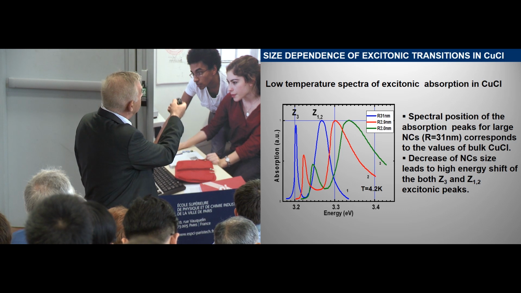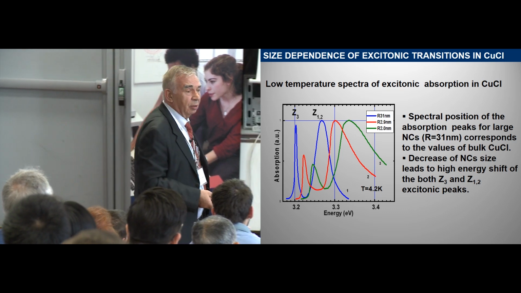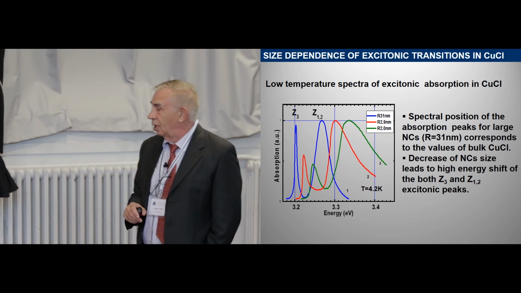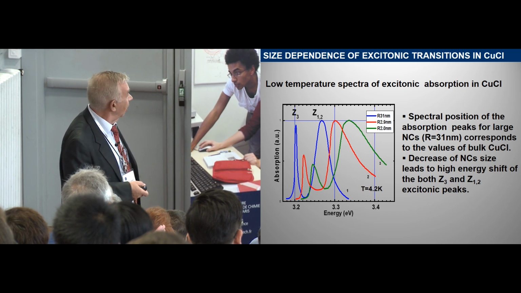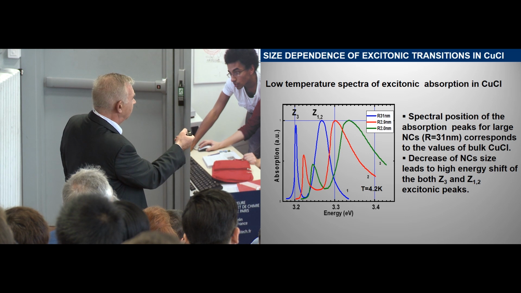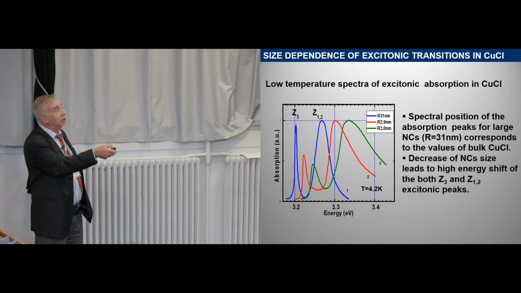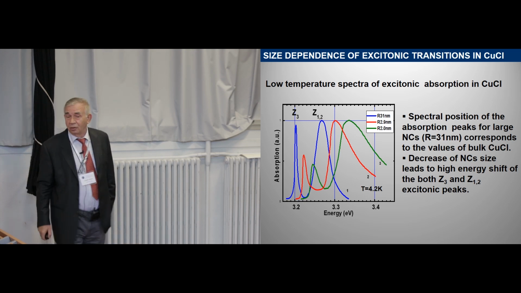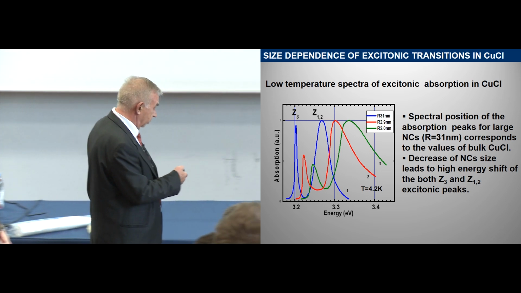So that is this blue spectrum, which has both peak lines just where they should be at lower temperature. And we see that decrease of the nanocrystal size leads to the blue shift, to the higher energy, with the decreasing of the size.